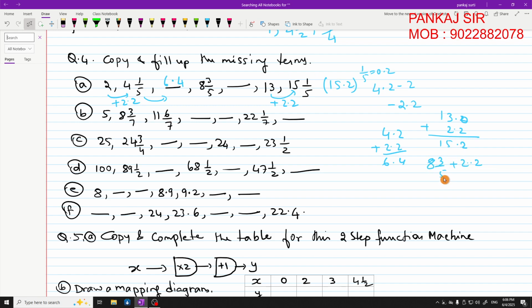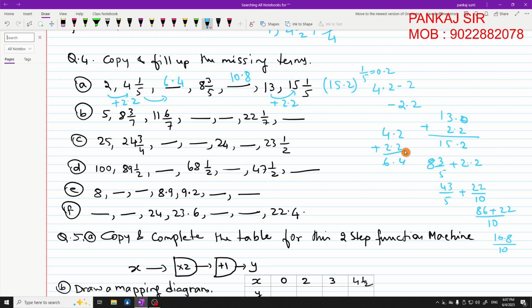So 8 5s are 40, 43 upon 5 plus 2.2. Okay, 2.2 can be written as 22 upon 10. Now this will be 10, 5 2s are 10, 43 into 2 is 86 plus 22. This is 108 upon 10. So 10.8. So I should get the answer as 10.8 over here.